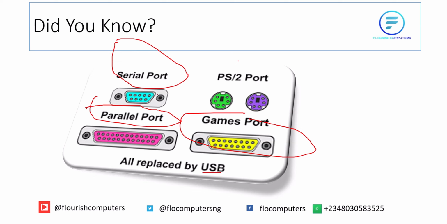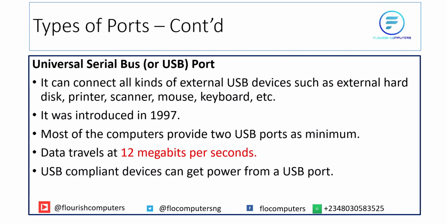You can connect your mouse, your printer, your router, your modem, whatever you want to connect, to your computer through the USB port. Now, let's talk about the USB port and cable. There is a lot to discuss about this, since it has replaced many of the other ports that have been in the system before now.